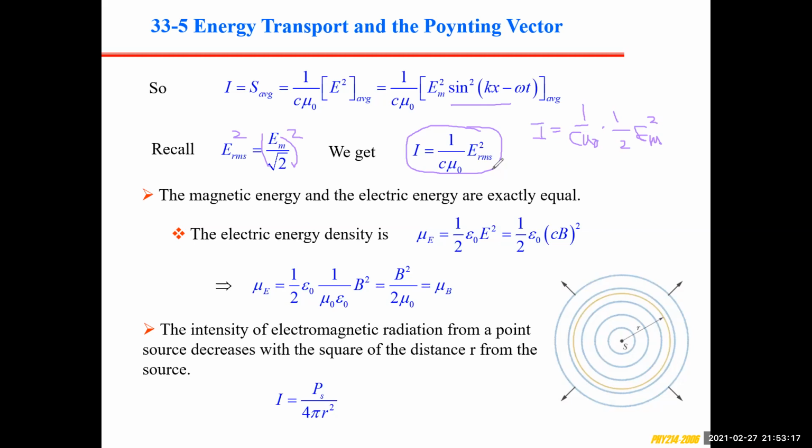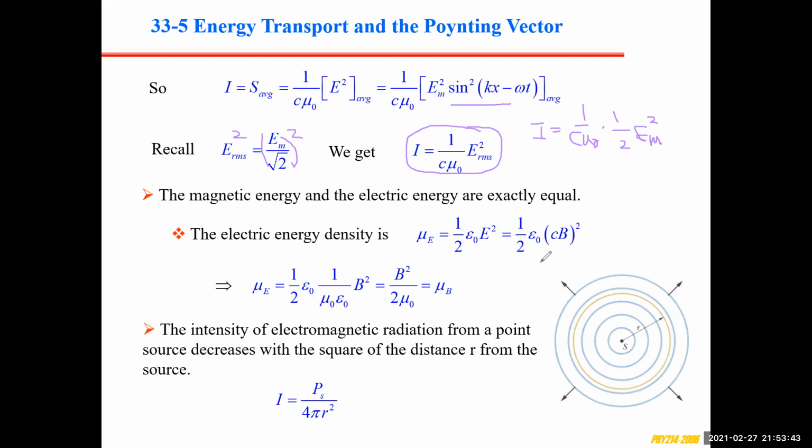And if you remember in physics 212, you also learned what we call the energy density, and there's an electrical energy density, which is 1/2 epsilon naught E squared. And so if we replace E by CB from the previous slide, then it's equal to 1/2 epsilon naught C B squared.